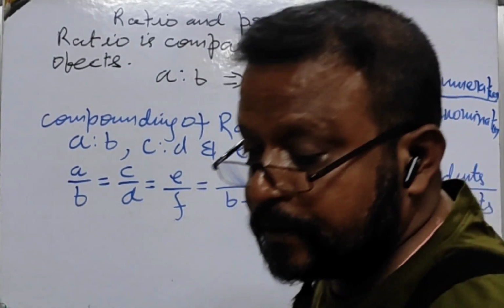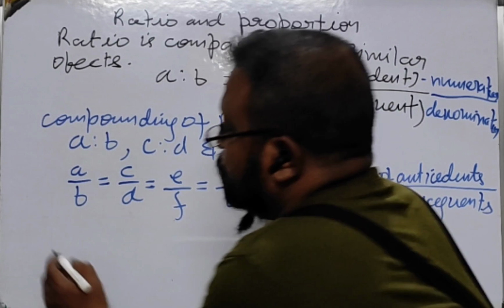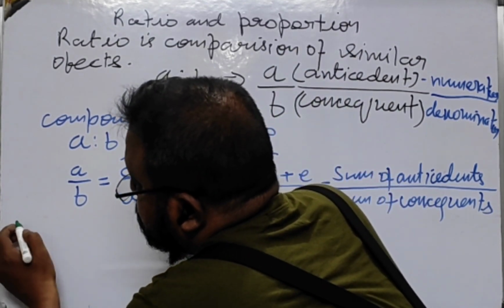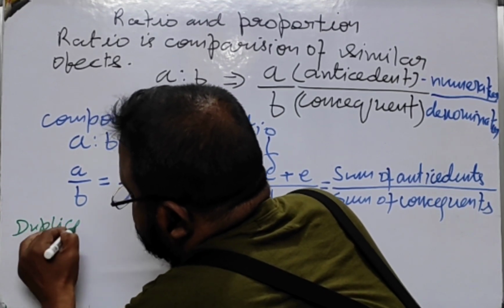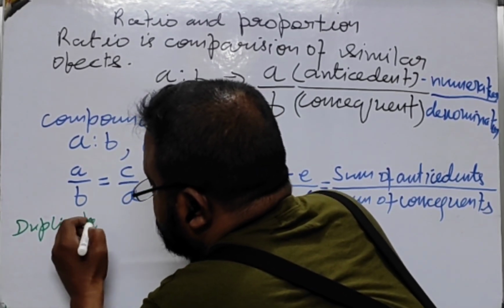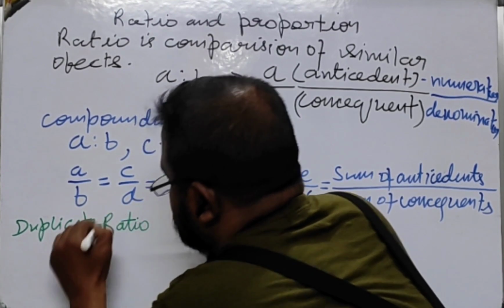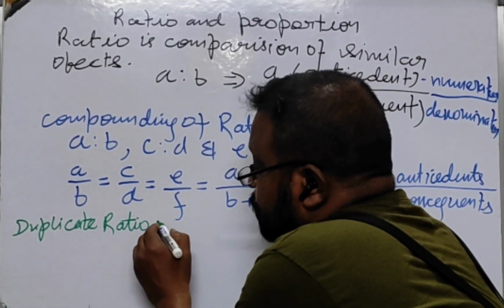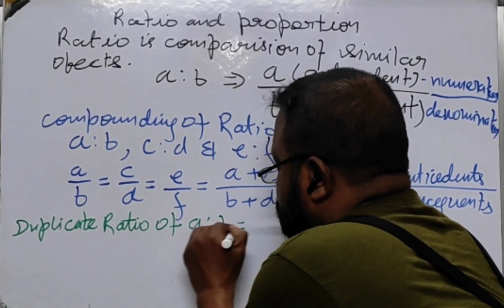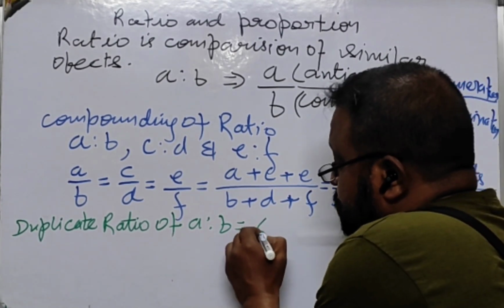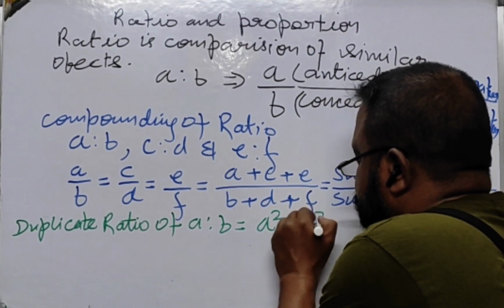Okay. Then we have duplicate ratio. Duplicate ratio of A ratio B is equal to A square ratio B square, right?